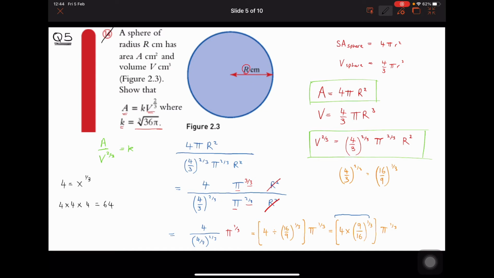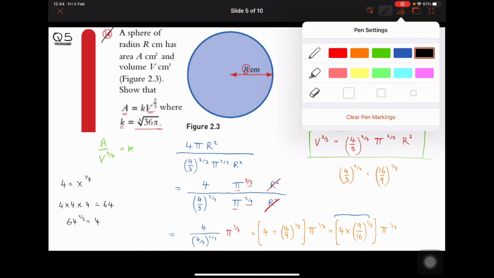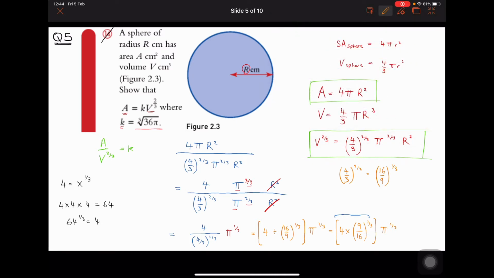And so that means 64 to the power of 1 over 3 is 4. So now I'm going to write, I'm kind of running out of space, but I'll write 64 multiplied by, okay, I'm going to rub out some information up here.